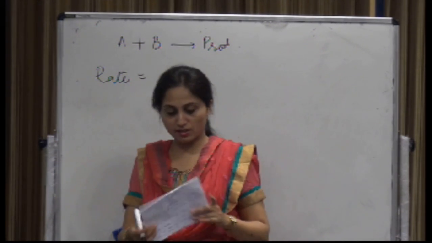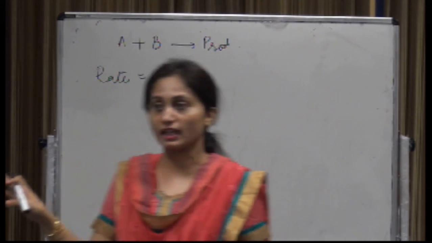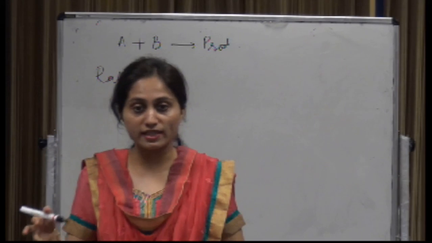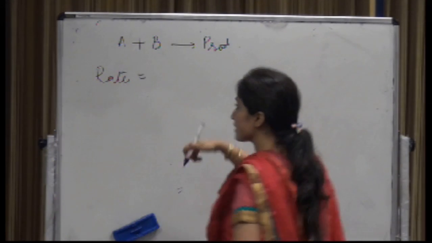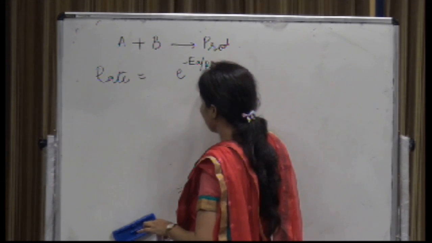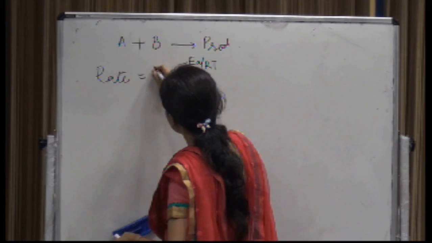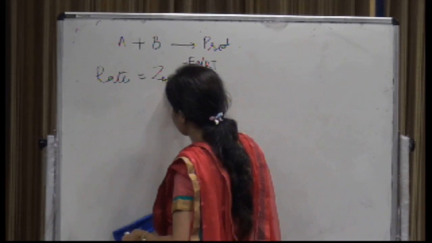What was that? That was your K equal to A e to the power of minus EA by RT. Now here Trotz and Lewis stated that your rate is directly proportional to e to the power of minus EA by RT, and simultaneously it's related to a collision frequency between A and B.